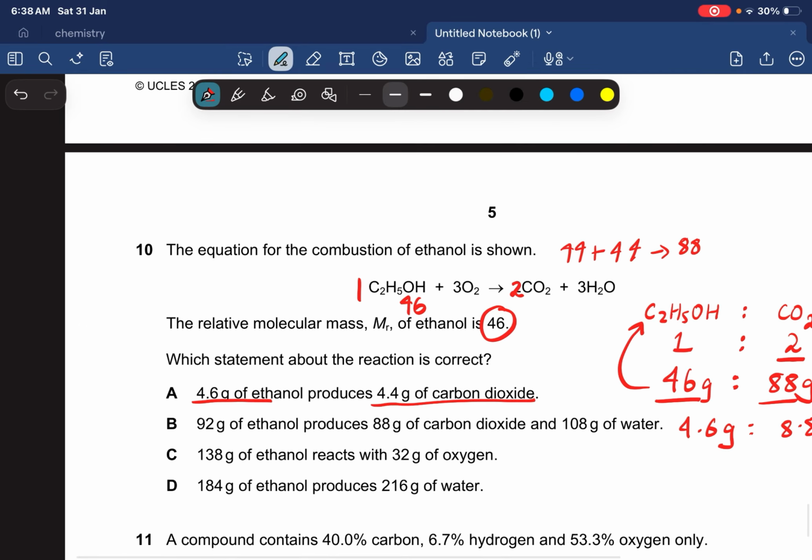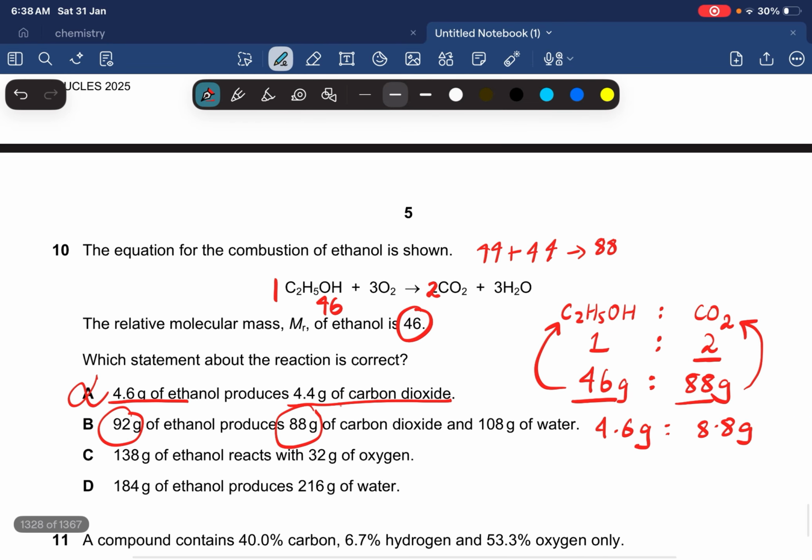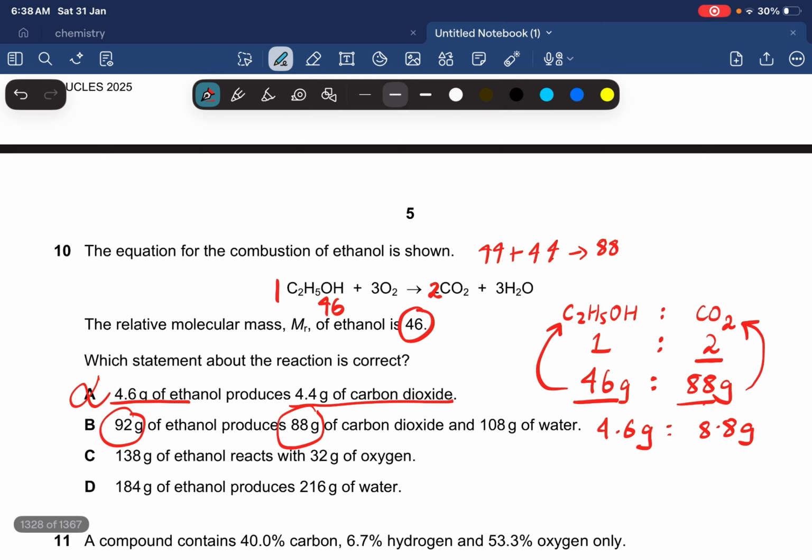So definitely not going to go with option A. 92 grams of ethanol produces 88 grams of carbon dioxide. No, 88 grams of carbon dioxide is going to be produced by 46 grams of ethanol. 138 grams of ethanol reacts with 32 grams of oxygen, okay?